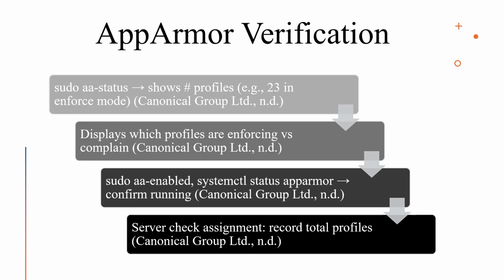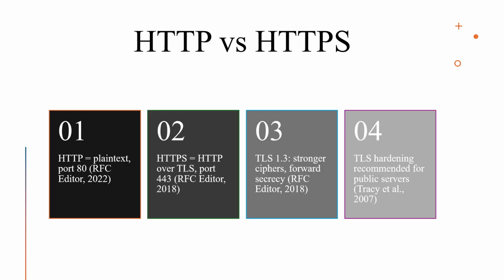That's the kind of explicit number we need for our lab checklist. Other useful commands are aa-enabled, which checks if AppArmor is running, and systemctl status apparmor, which checks if the system service is running. By recording this result, we have evidence that AppArmor isn't just installed but active in confining processes.